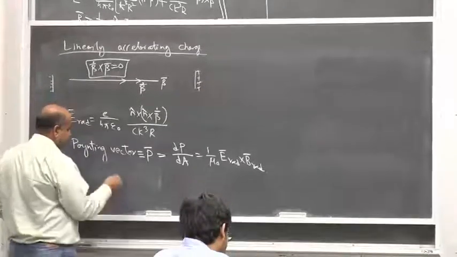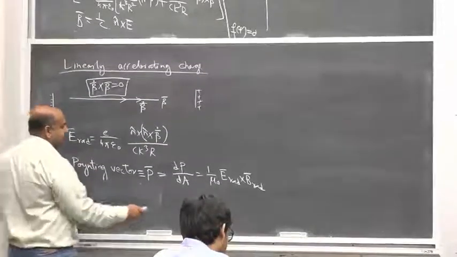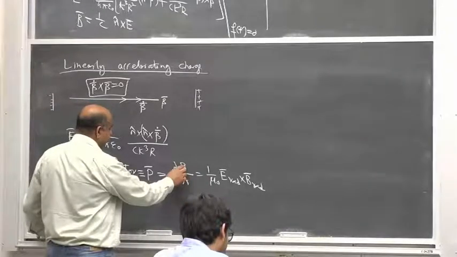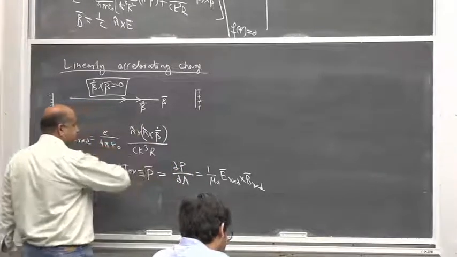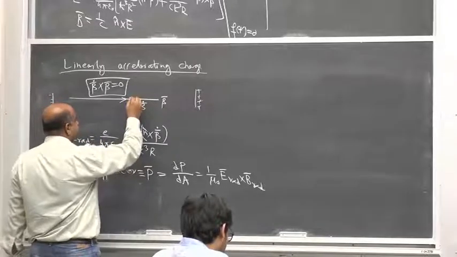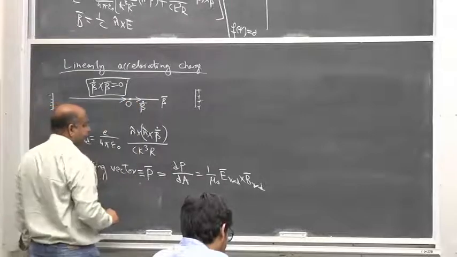So this becomes, let's say, at the instant that we want to compute the radiative power, the charge is somewhere here, and we can locate our origin at this point.